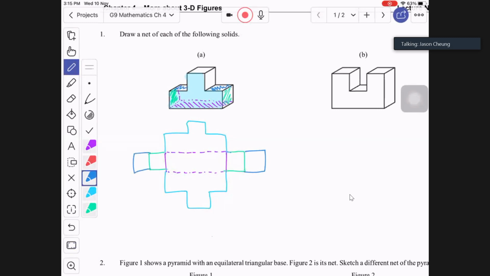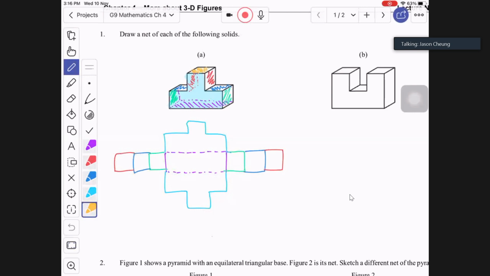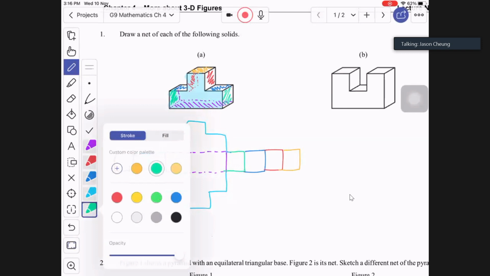And then, oh my God, almost all the colors have been used. So here, the red plane, but it is not the final answer because actually there is the top plane here, right? So I will add it here. It seems that it should be the correct one, right?